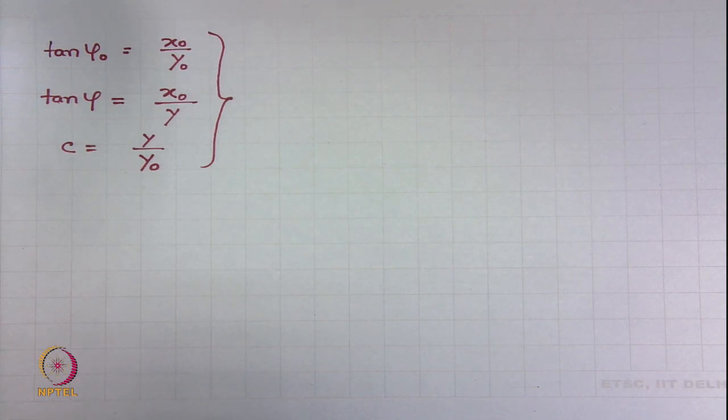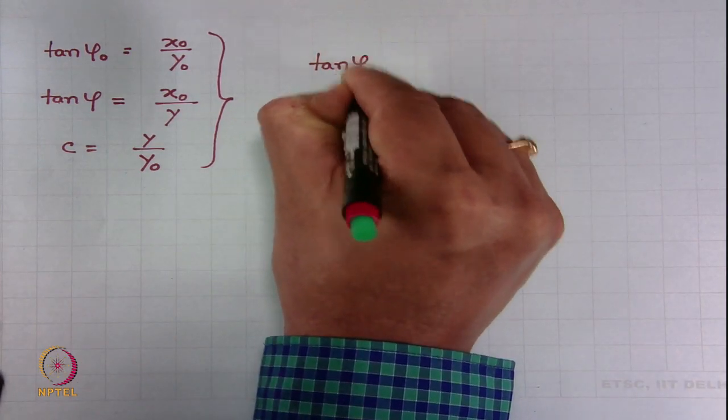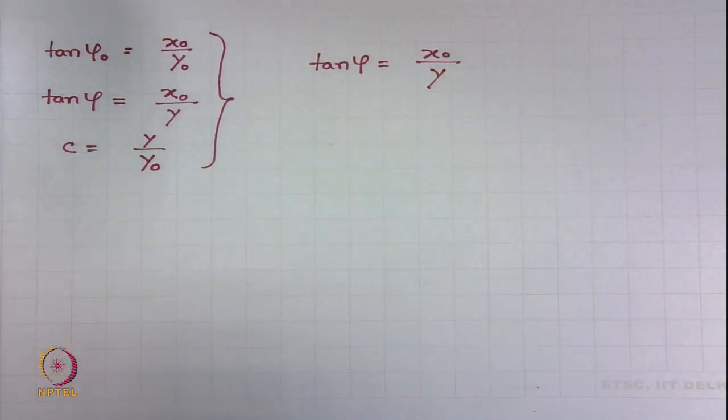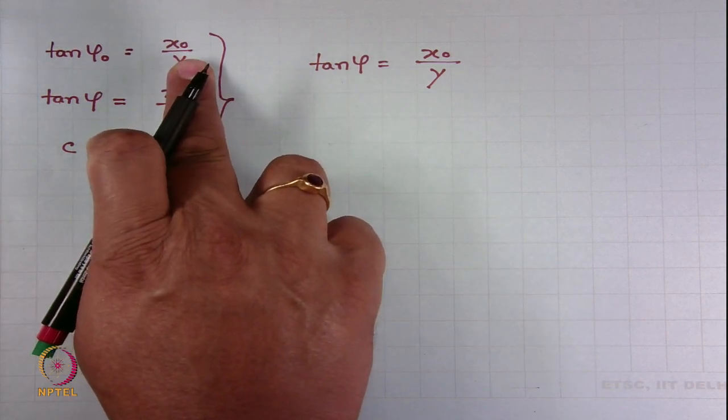Now, we start with tangent of psi, this second one, which is equal to x naught by y. What is x naught? X naught from the first expression is equal to y naught into tan psi naught.